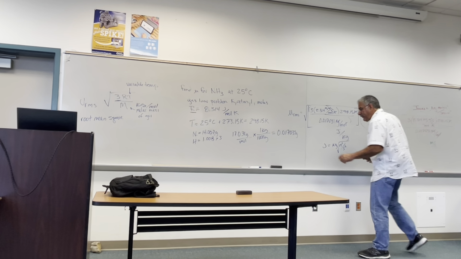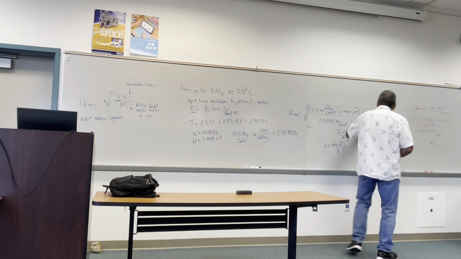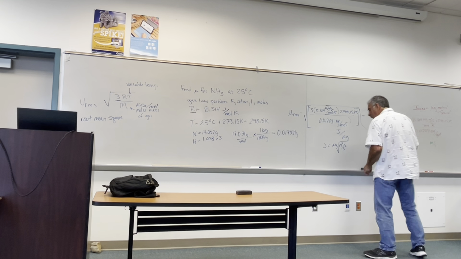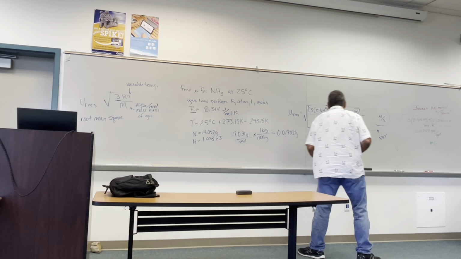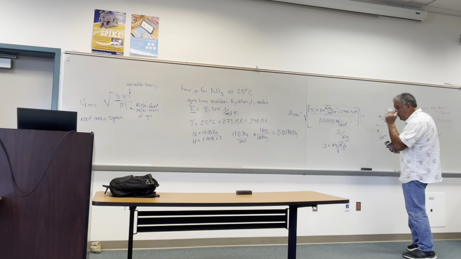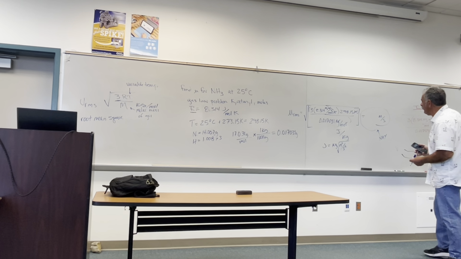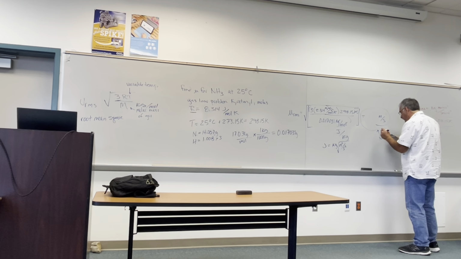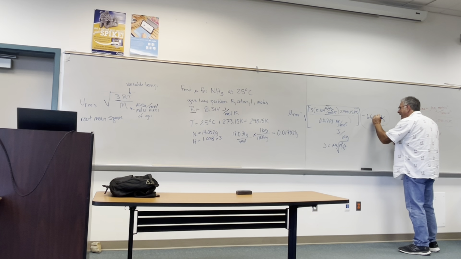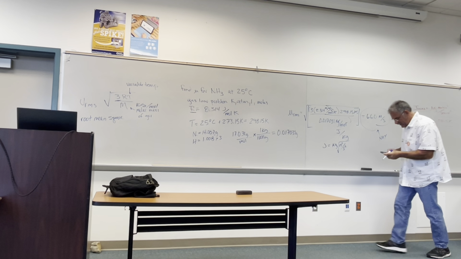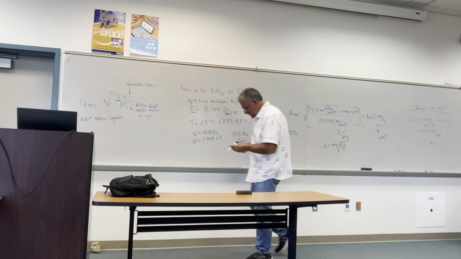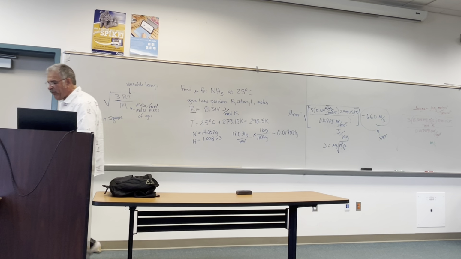So even faster. That explains our confusion. Is it 661? No, it's 660. Well, I guess 25 Celsius would be our sig figs, without the decimal.